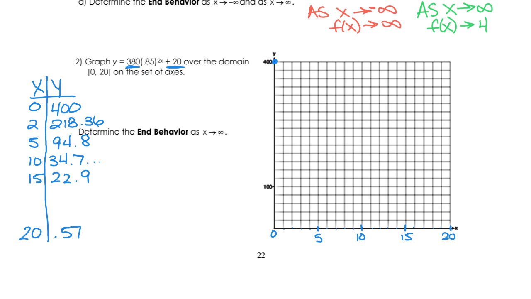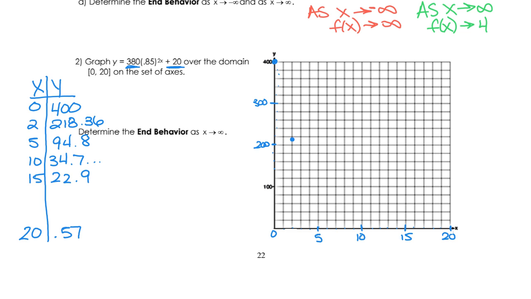20, 40, 60, 80, 100. 20, 40, 60, 80. This will be 200. 20, 40, 60, 80, 300. 20, 40, 60, 80, 400. Okay, so we're at 218. So since we're going by 20s, it'll be right below there. 5 and 94.8.